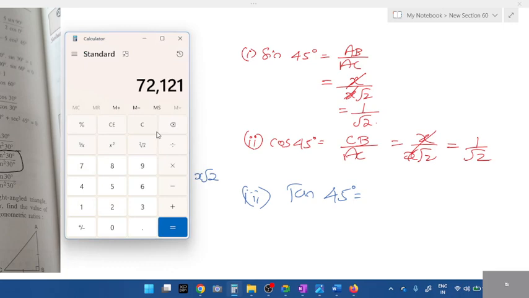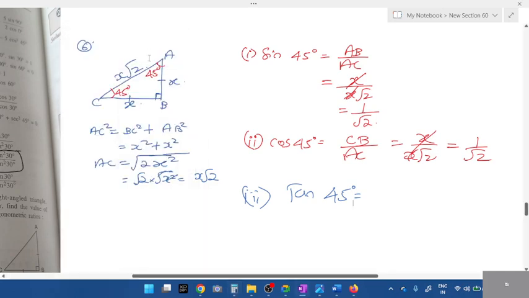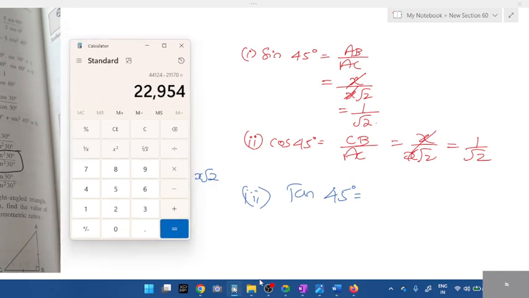Okay, just a minute. What is tan 45, students?